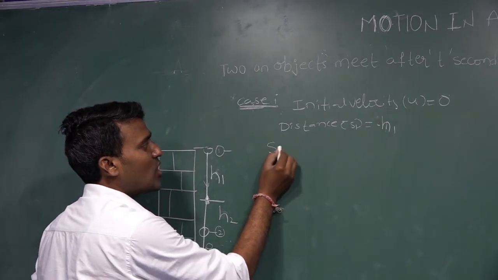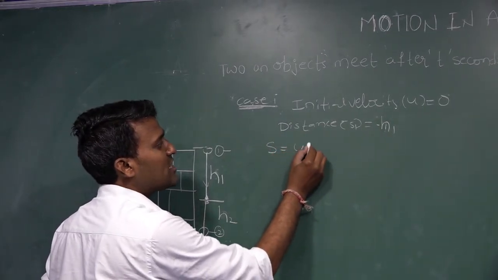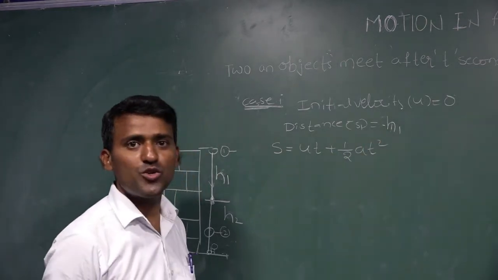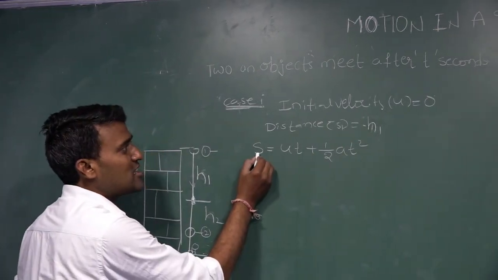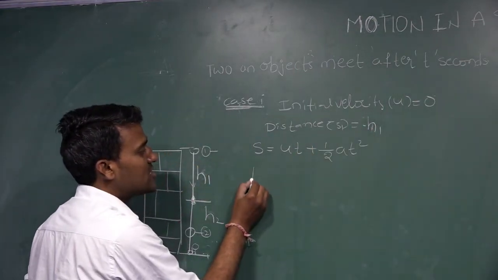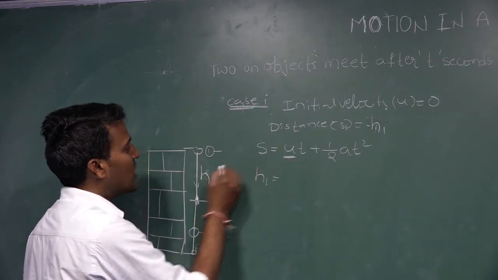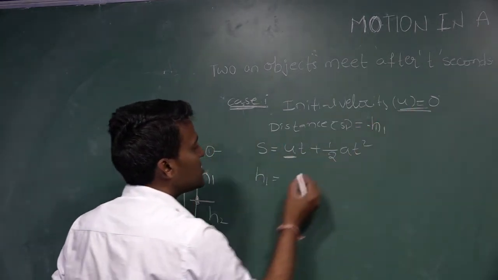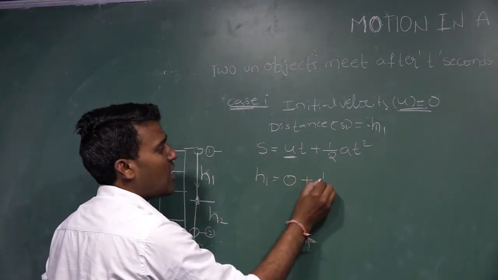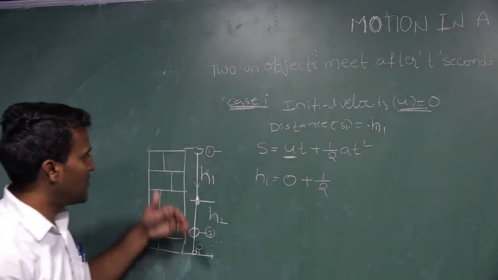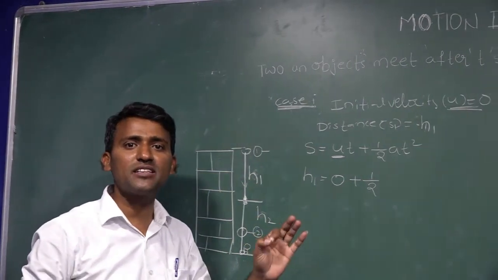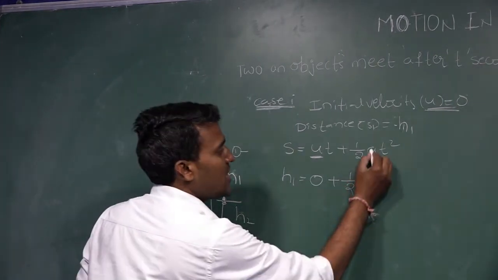From the second equation of motion, s is equal to ut plus half at square. Here s is h1, and the initial velocity of the object is 0, so 0 into something is 0, plus half, and acceleration: when the object is falling downward, the acceleration is the acceleration due to gravity, a is equal to g.